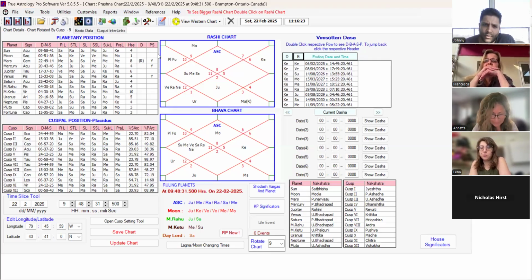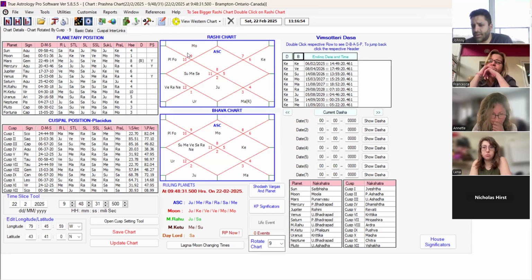Where it comes in really handy is, for example, Scorpio is a fixed sign, right? If a planet is sitting in Scorpio, it's sitting in a fixed sign. Sagittarius is a dual sign, which means the first 15 degrees are going to be fixed and the other 15 degrees are going to be cardinal.